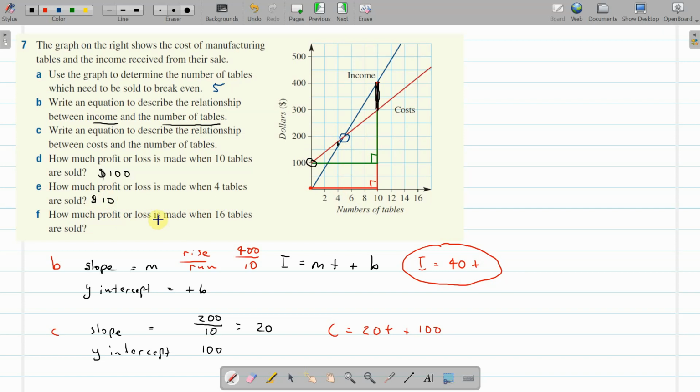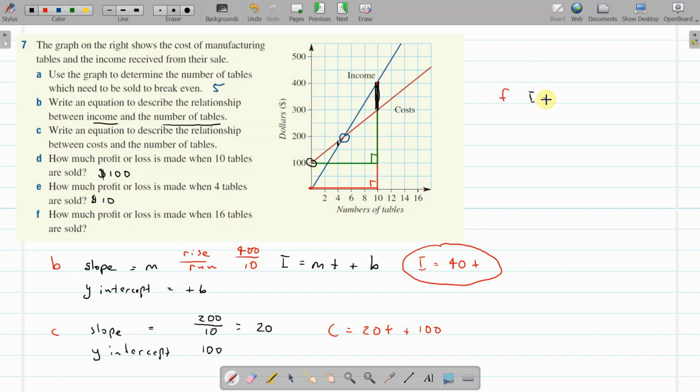How much profit or loss is made when 16 tables are sold? For this, we're going to need the 2 equations. In fact, now that I have to for F, I might use the equations for part D as well. So 16 tables.